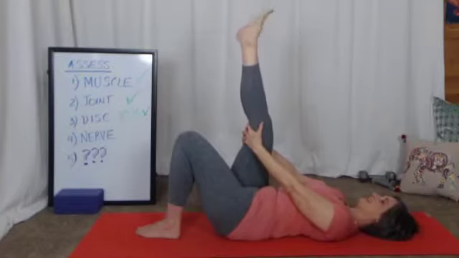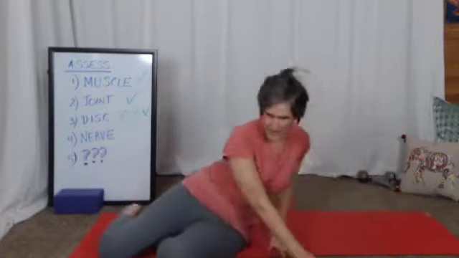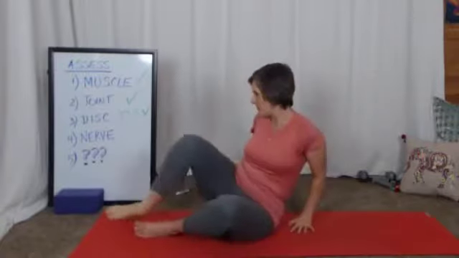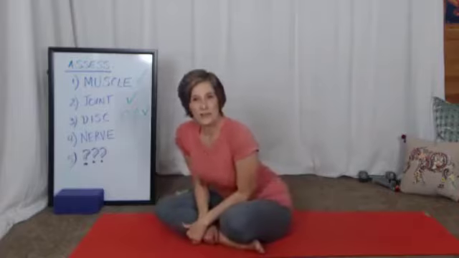That kind of leads us to number 5. So you can release that right leg. I'm going to talk about number 5 a little bit more. Number 5 is the one thing that very few therapists are going to ask you about.